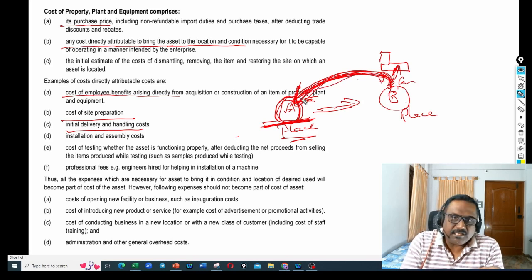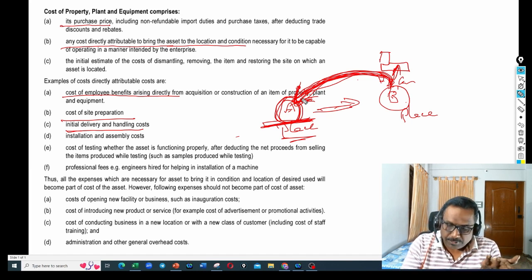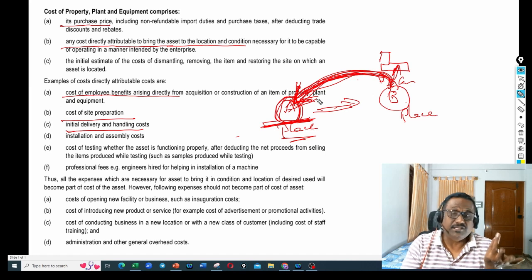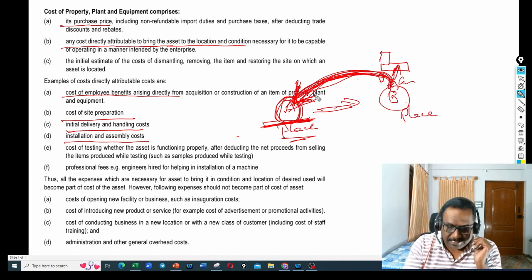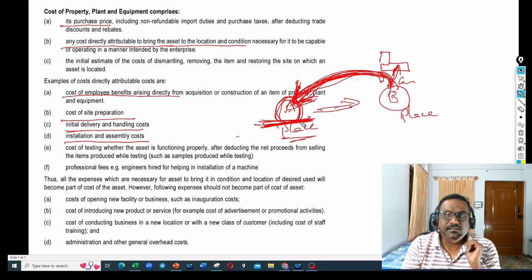Loading charges are nothing but your handling charges, and delivery charges, they are all directly attributable to bring the asset from B location to A location. That has to be included. Installation and assembly cost. Once the asset is received at your location, it has to be installed. So any installation and assembly cost has to be included.